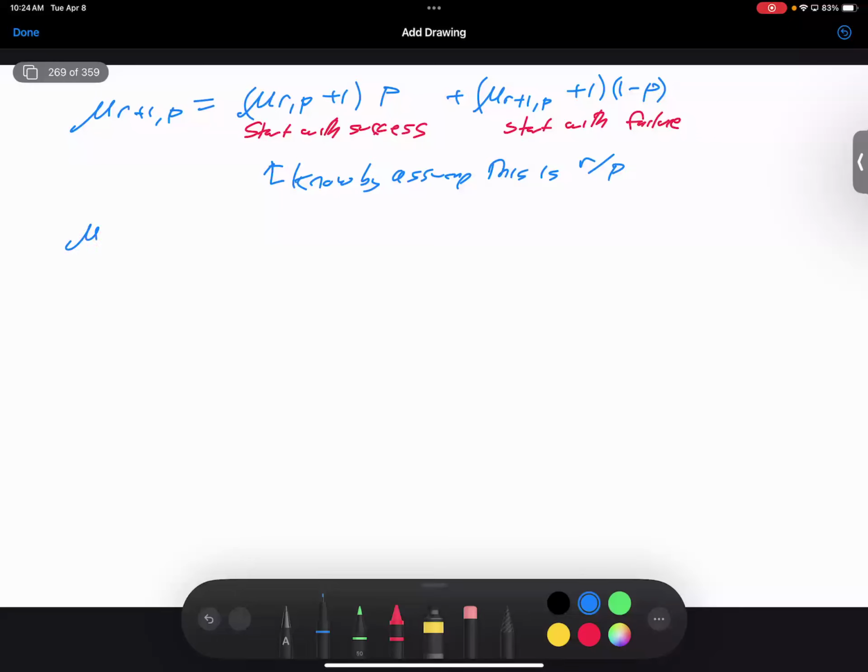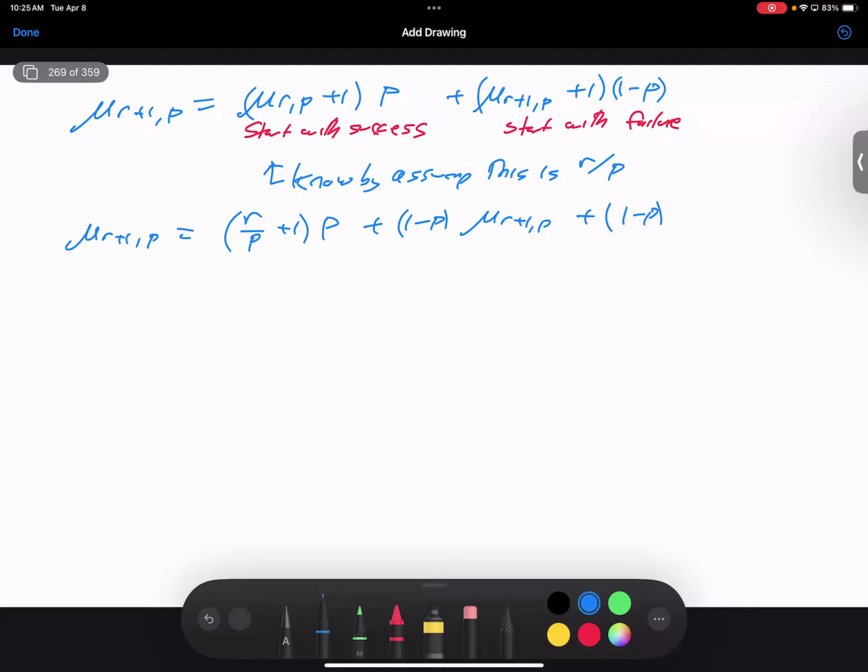So we get mu R plus 1 P equals R over P plus 1 times P, okay, plus 1 minus P mu R plus 1 P plus 1 minus P. So let's bring the 1 minus P mu R plus 1 P to the other side.